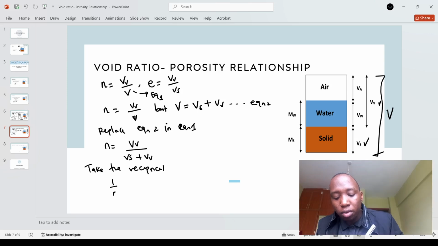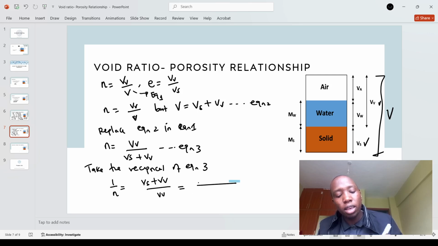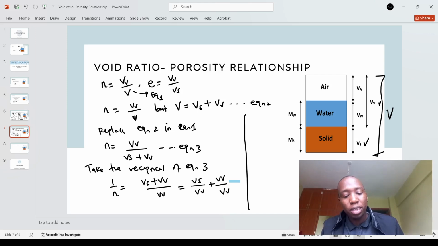So 1 over n will be Vs plus Vv divided by Vv, which is the same as saying Vs over Vv plus Vv over Vv.